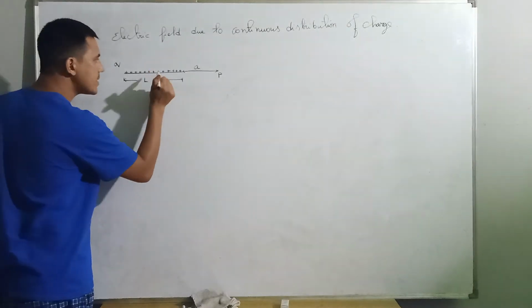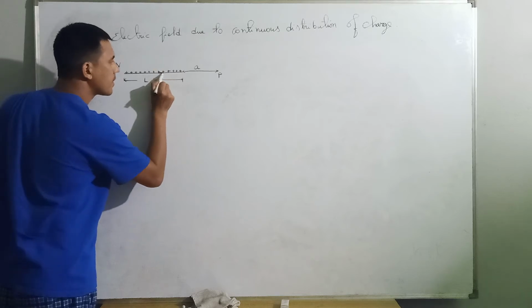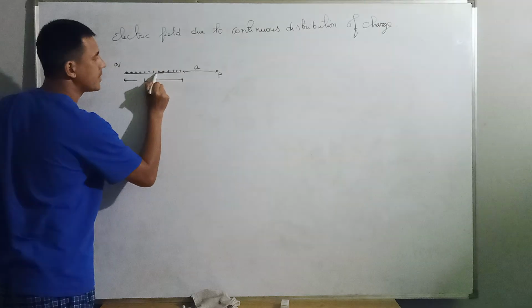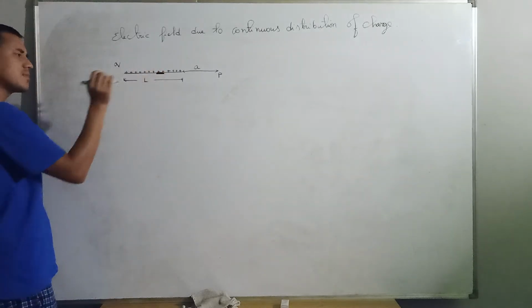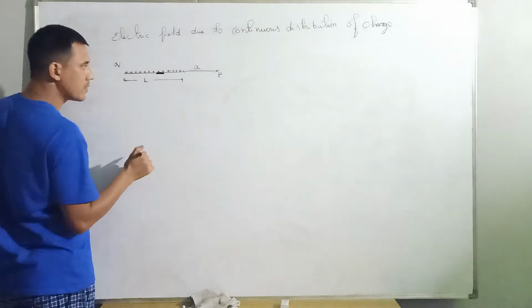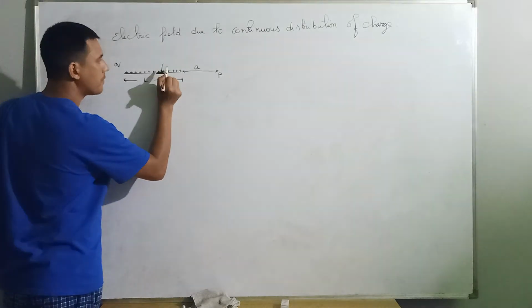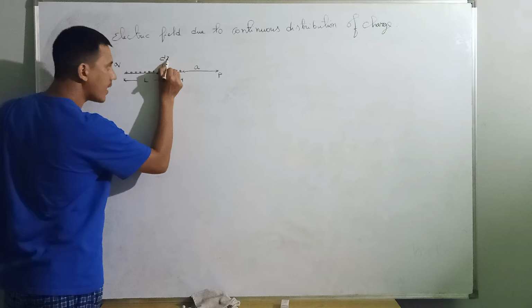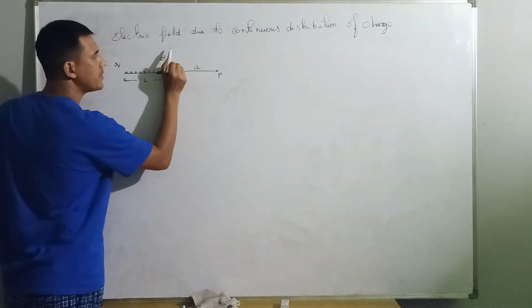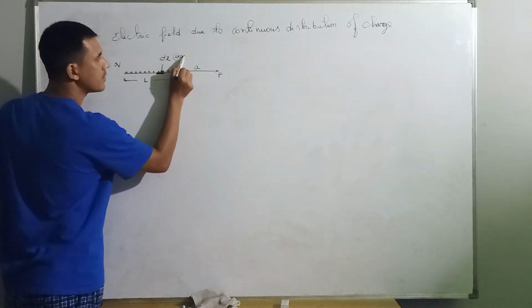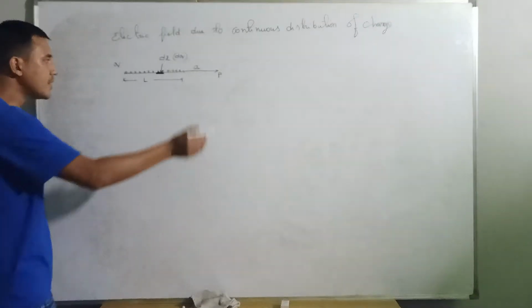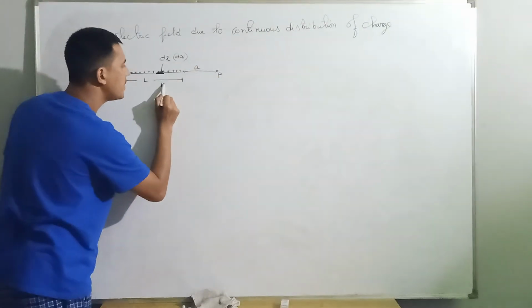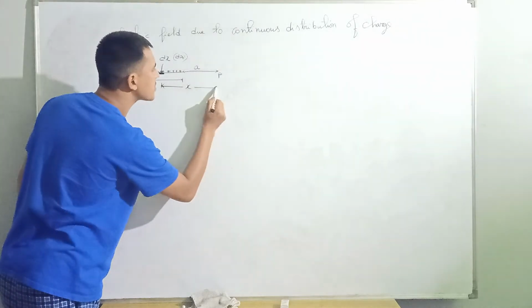So consider one such element. Consider a small element of this rod of length dx having charge dq. And let this point P be at a distance of x from the element.